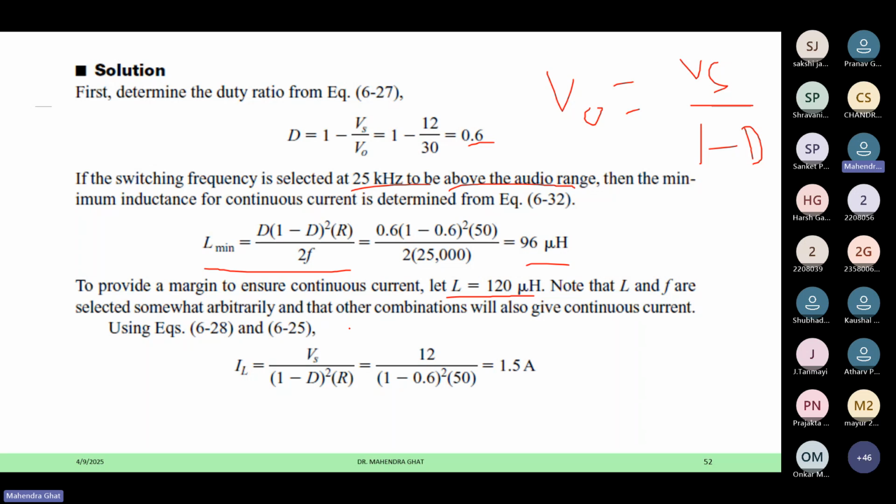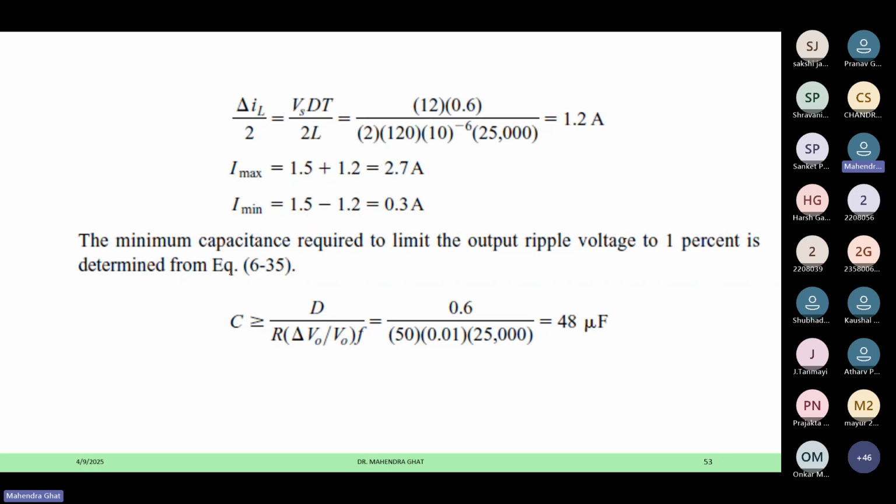From that, if we calculate, IL is nothing but Vs divided by 1 minus D squared into R. So it is giving 1.5 ampere. From this IL, we can calculate I max and I min, or first we can calculate delta IL by 2, which is Vs D T by 2L. So this is 1.2 ampere for this 120 microhenry inductance.